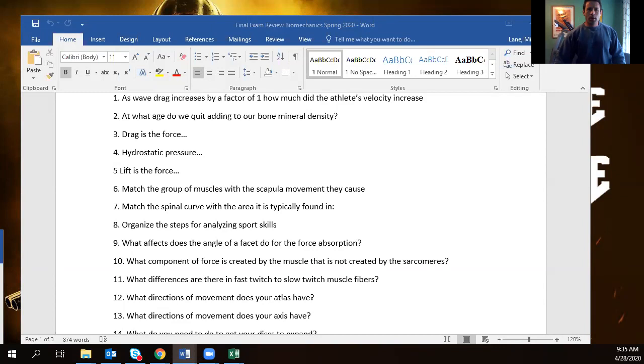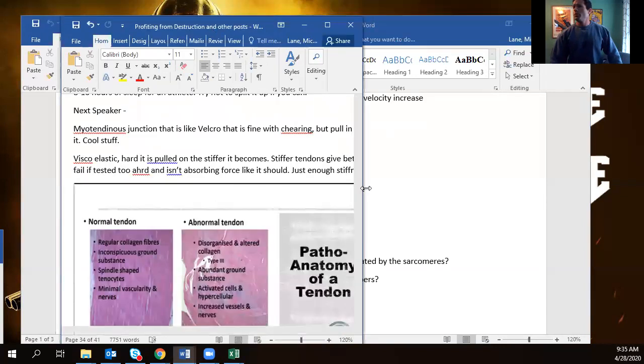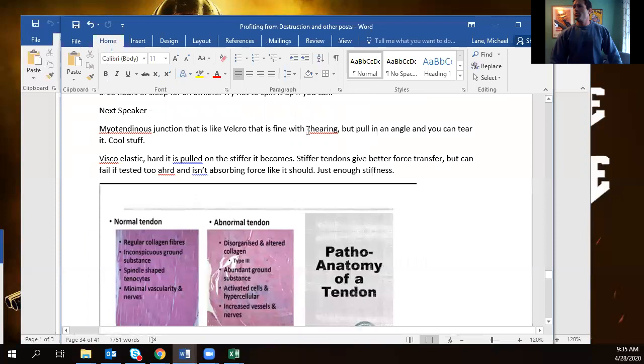One thing that I thought was pretty interesting that the gentleman put up is that the junction between tendon and muscle is put together like Velcro.